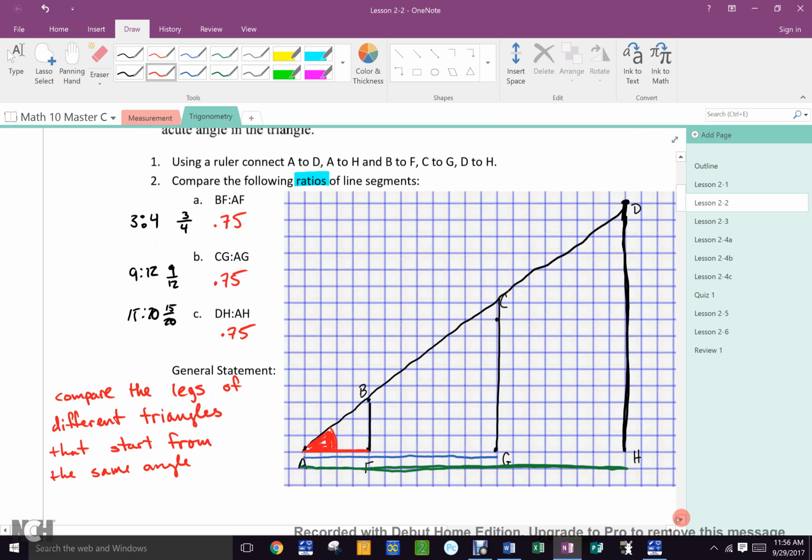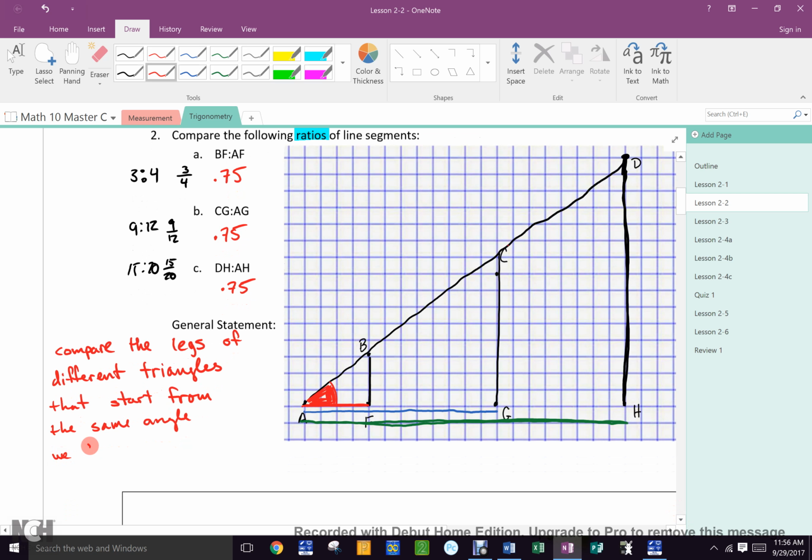What do we find? They're not the same size. What did we find that was the same? We find the ratio stays the same.